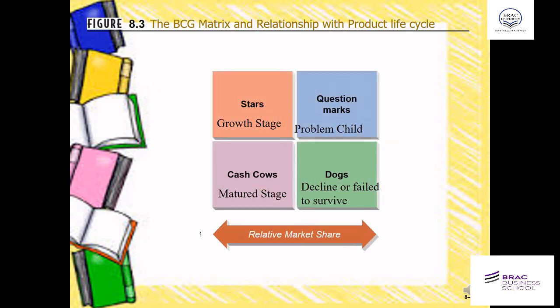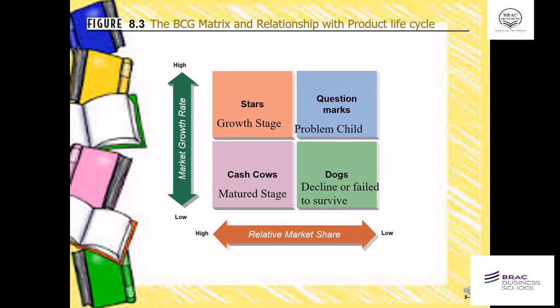So here is the grid where the x-axis is going to indicate the market growth and the y-axis is going to indicate the market share. There are two parameters, high and low. First of all, consider the star. As I mentioned earlier, star has high growth and so has high market share. This grid also interacts with the product life cycle.